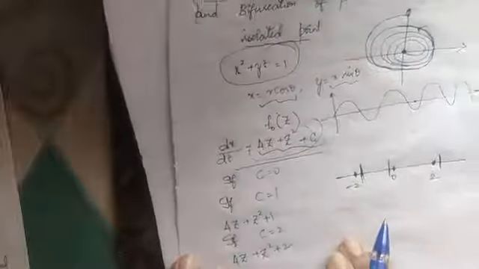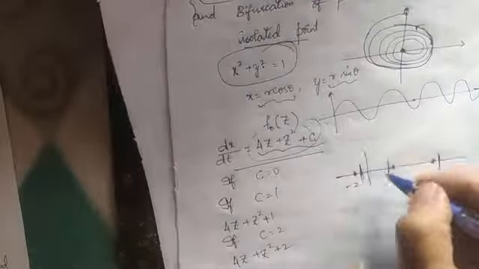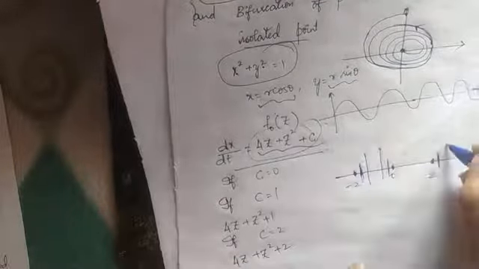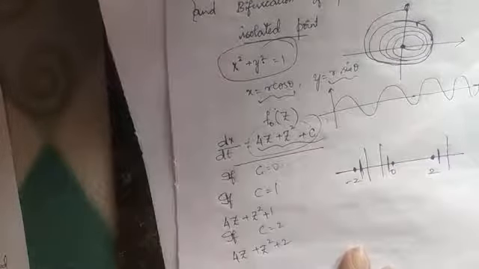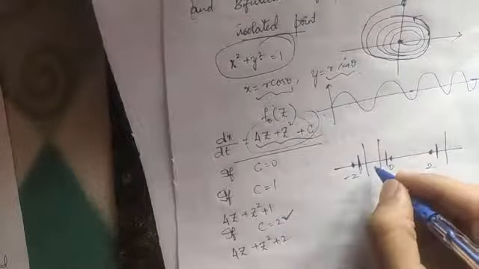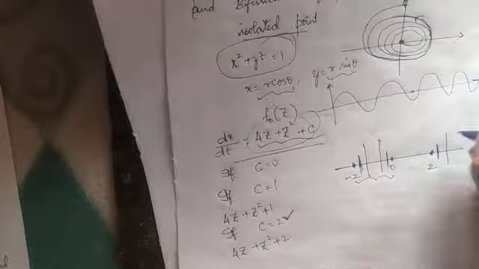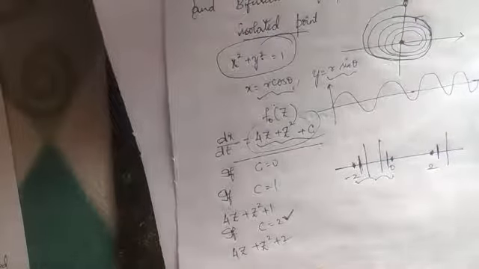Similarly, if c is equal to 2, you will get 4z plus z square plus 2. So the points become even more closer. Similarly, as you increase c, at some point in this part of your interval the points vanish and you will get only one point on your RHS part, like this.